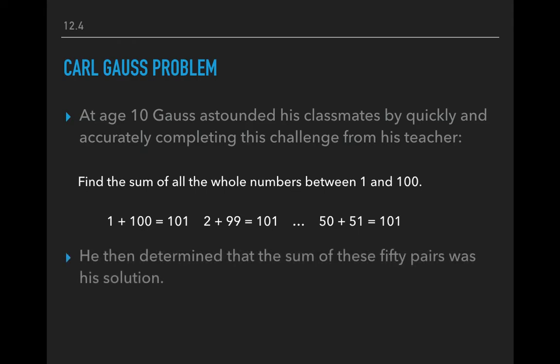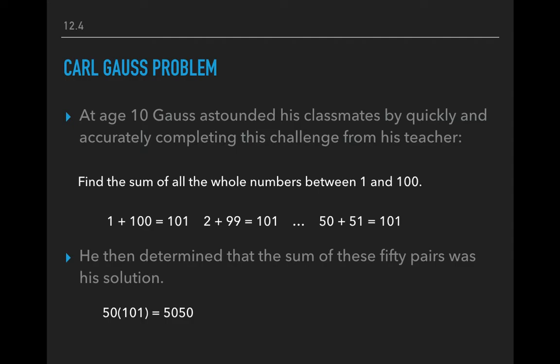How many pairs am I going to have? I'm going to have 50 pairs. So 50 times the sum of each pair, which is 101, is 5,050. And that's how he solved the problem.